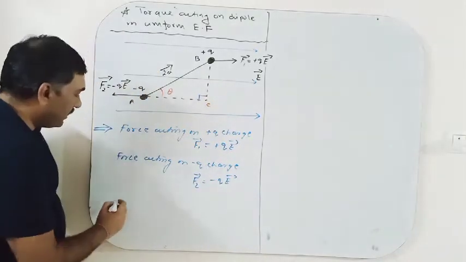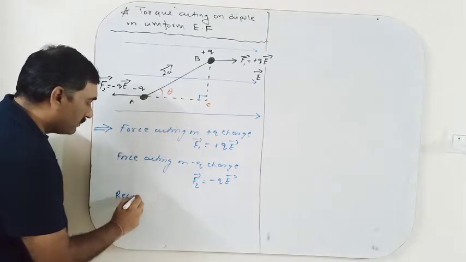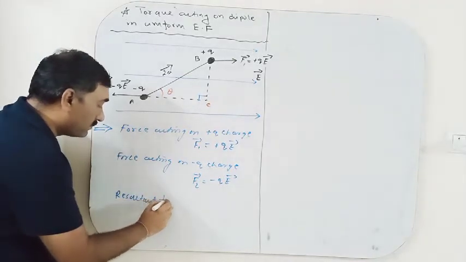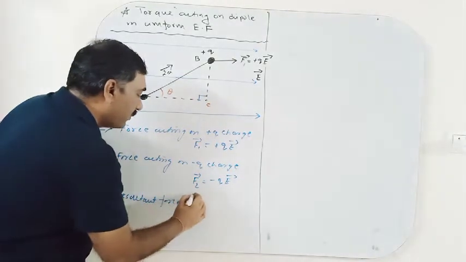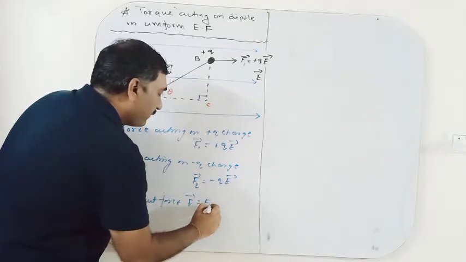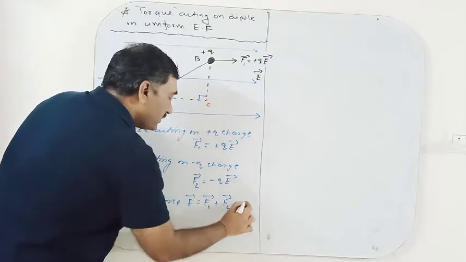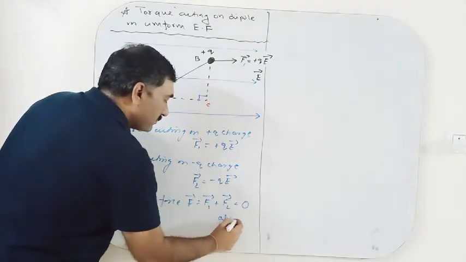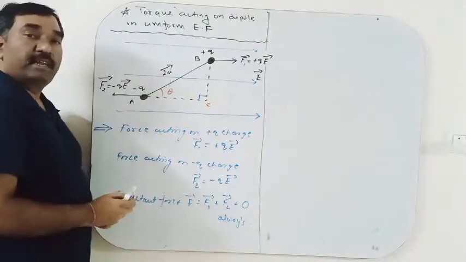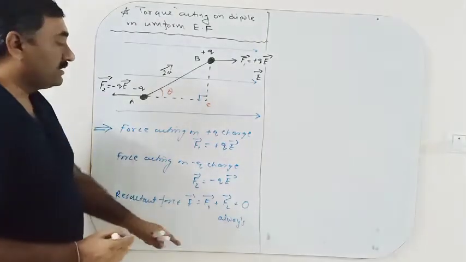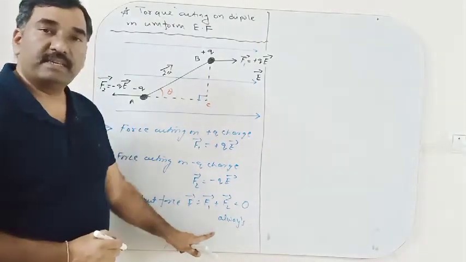So what is the resultant force? The resultant force F is equal to F1 plus F2, and this is always 0. So in a uniform electric field, the resultant force acting on the dipole is always 0.